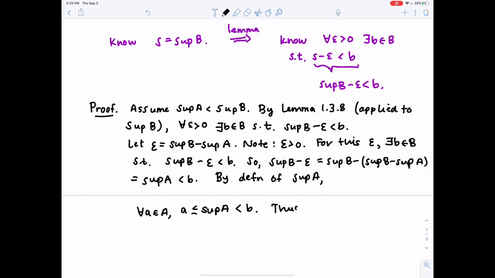Thus, by definition, what we've shown is that b is greater than or equal, actually strictly greater than any element in A. And that's the definition of an upper bound. b is an upper bound for the set A. And that was what we wanted to show.